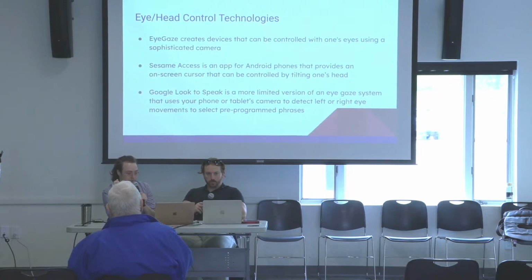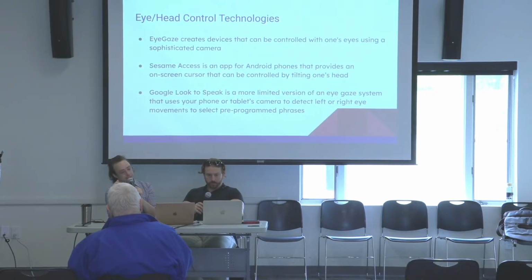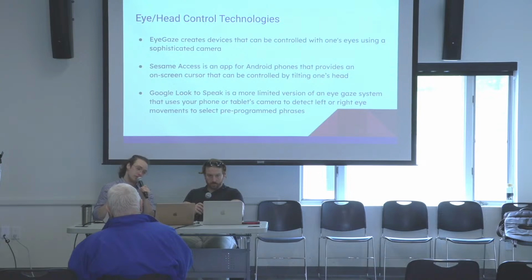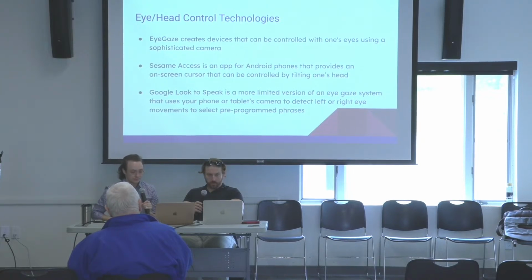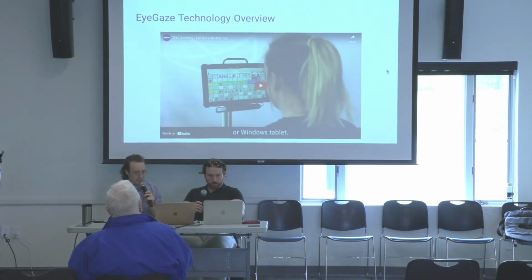There's also an app that I found on Android called Sesame Access, and instead of using your eyes, it looks at where your head is tilting to move the screen or the cursor in a certain direction. And then Google Look to Speak, that's a very limited version of an eye gaze system that uses the camera on your phone or tablet to select pre-programmed phrases. And I think that is the only one that I'll look at in the interest of time.